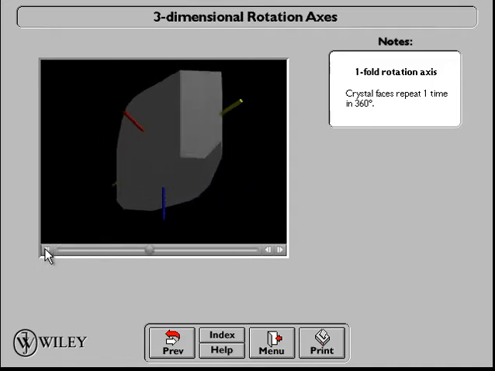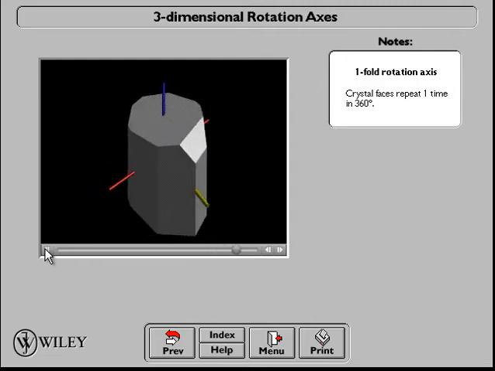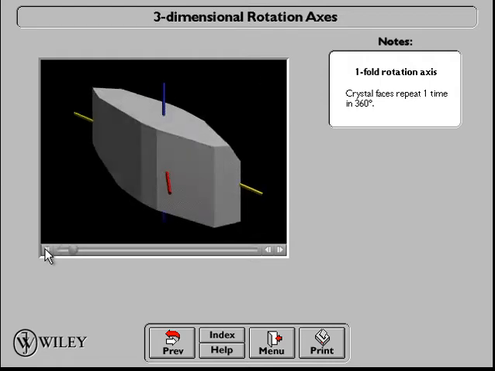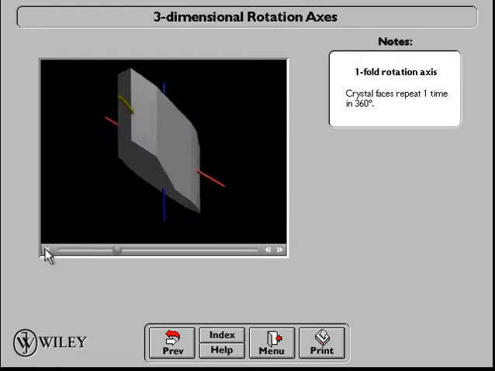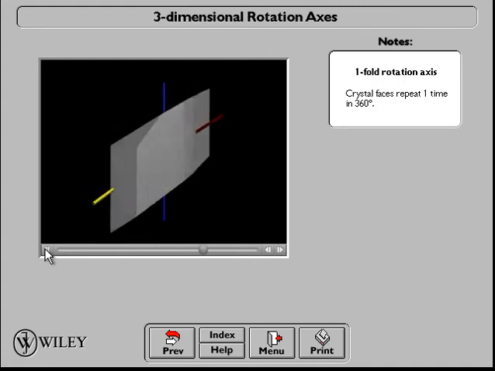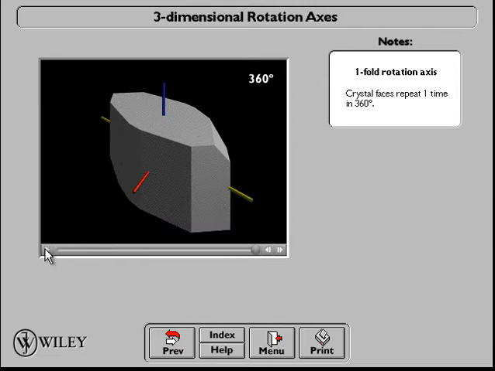We are turning the whole crystal 1 time, and then it repeats itself in 360 degrees. We can do it again and again, and you can also do it at home again and again.